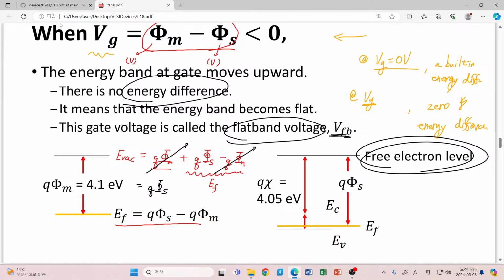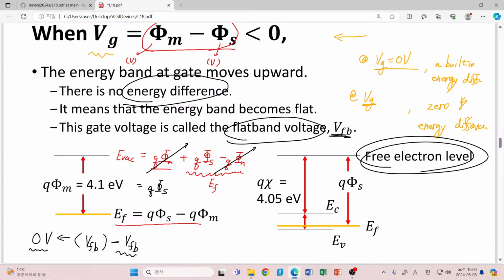And now previously your 0 volt was just a starting point, but now please think of this 0 volt as just your flat band, your starting point.